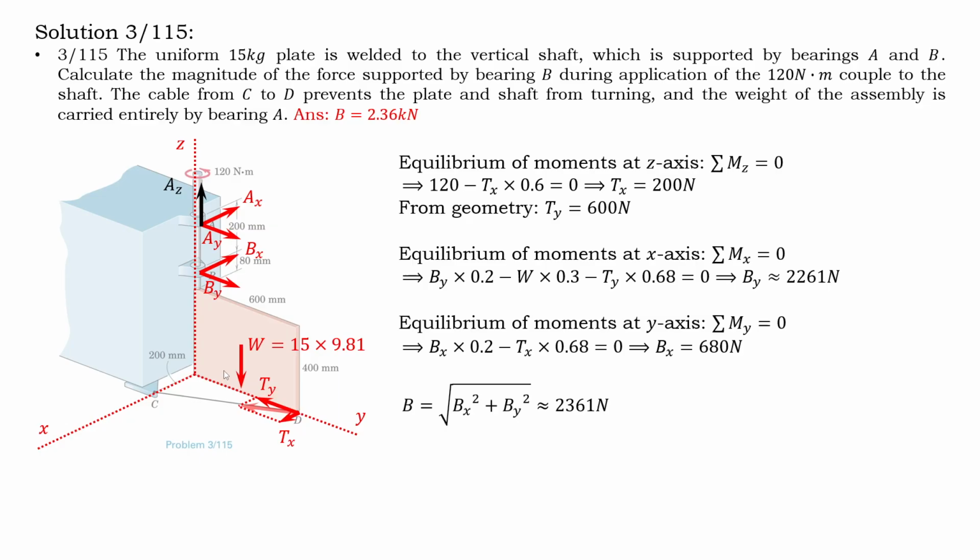But make sure that you convert it to meters. So it will be 0.3. 600 divided by 2 will be 300. 300 millimeter is 0.3 meter. So W times 0.3, it is negative. And also about the y-axis, we find the B like that. After finding BY and BZ.